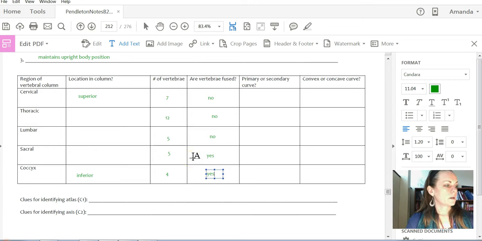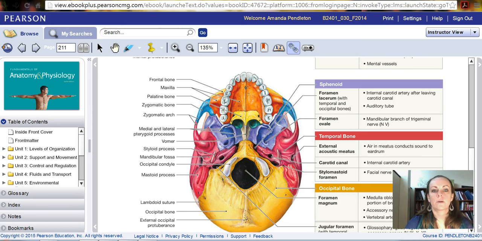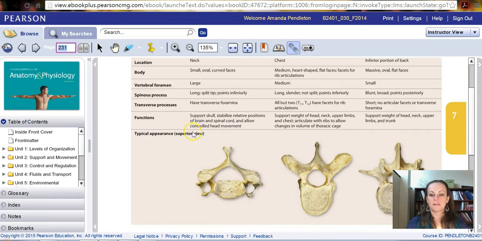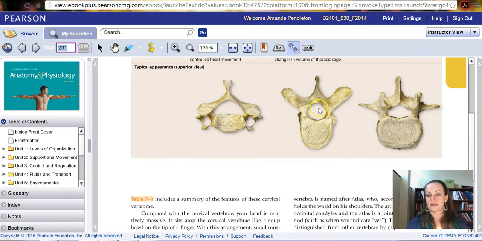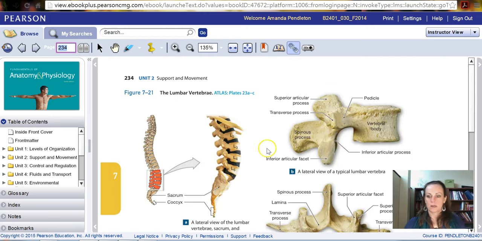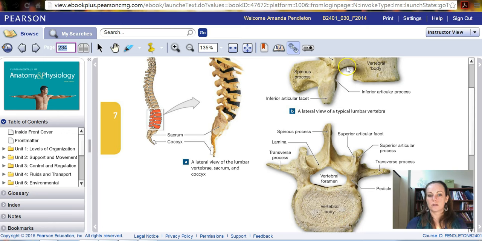And just briefly, I would like to show you what that means. So in your book on page 231, if it's individual, that means this would be an example of an individual. It can exist on its own, okay? Whereas the sacrum and the coccyx, they are fused. Again, so this is individual, individual.